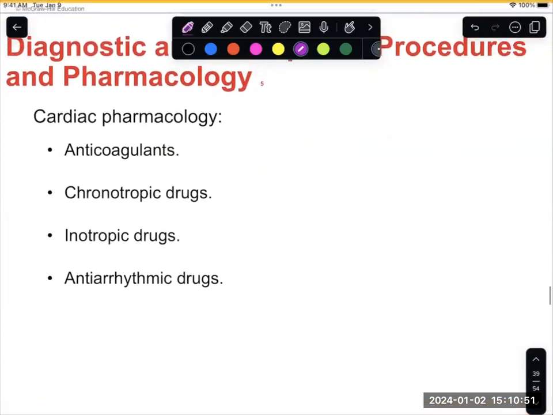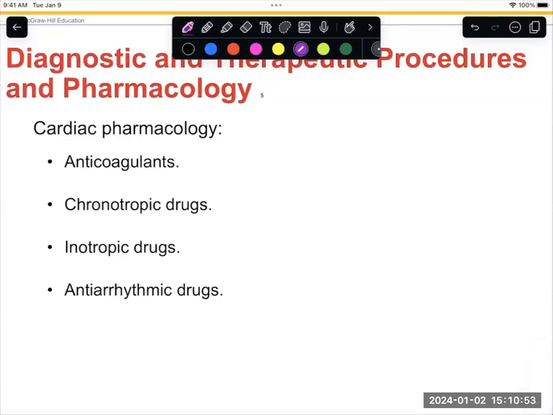So, different pharmacological drugs that we can use for the heart and blood vessels. Anticoagulants are drugs that help reduce susceptibility to blood clot formation. Heparin is a main one. Chronotropic drugs alter your heart rate.